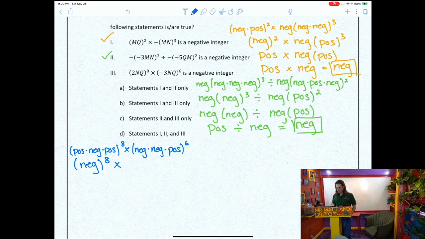So ultimately, this is going to be a positive number times a positive number. That has to be a positive product. So statement 3 is false, and our answer here is going to be answer selection A, which is statements 1 and 2 only.